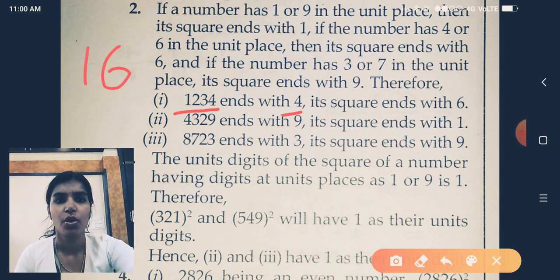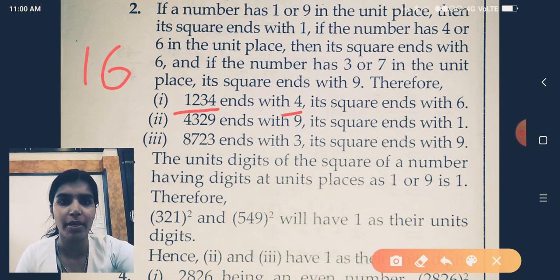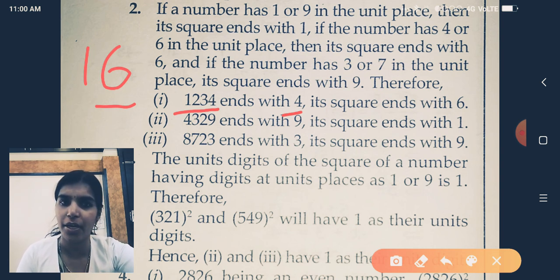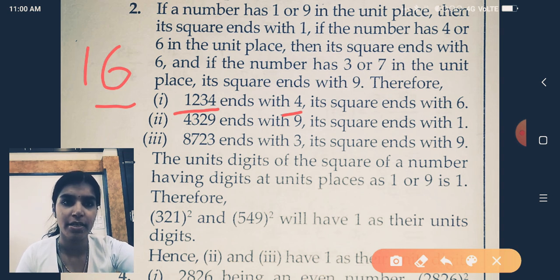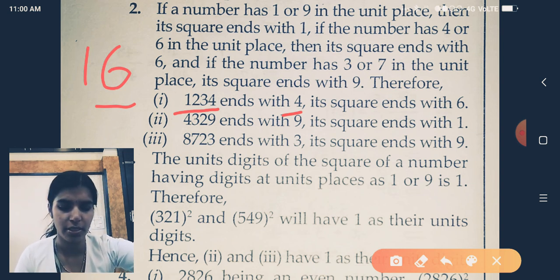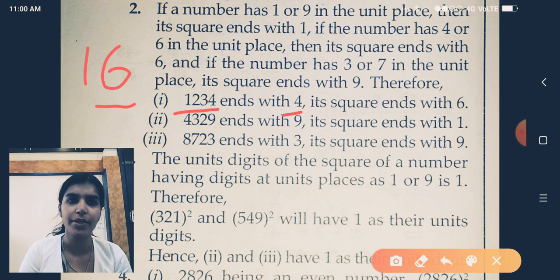So the square of the number ends with the digit 6. You just check the last digit and then write down the square of that last digit, so you know the unit digit of the square of a number.